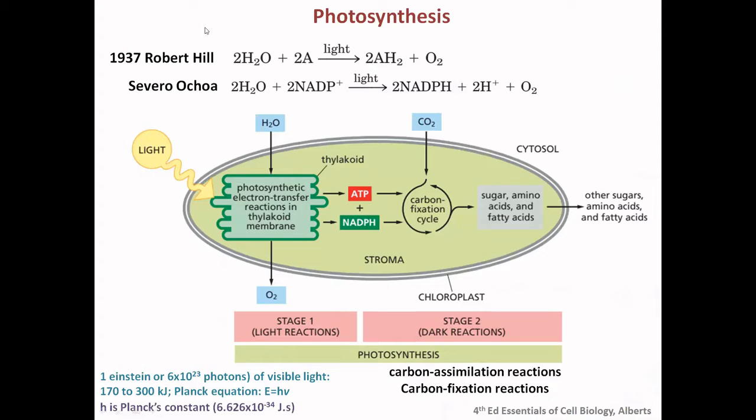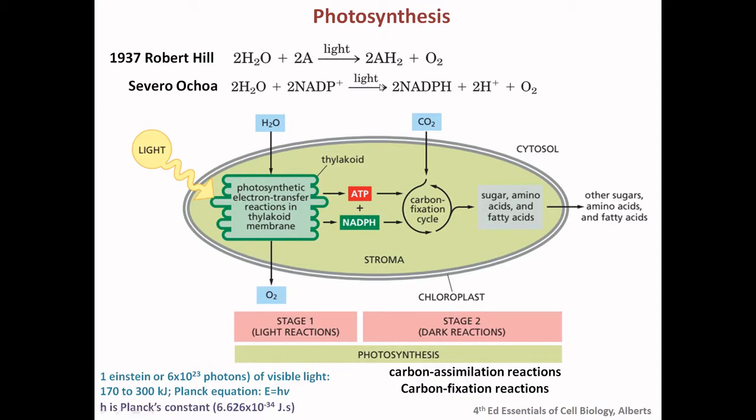Robert Hill, in 1937, extracted the green pigments, the chlorophylls, and found that there is an increase in oxygen in that plant extract or leaf extract, and he formulated this equation: water is the electron donor, there is an electron acceptor, and finally oxygen is released in the presence of light. Subsequently, Severo Ochoa delineated this formula and found that the electron acceptor is NADP plus.